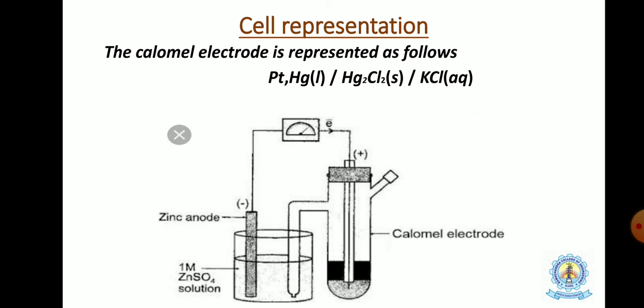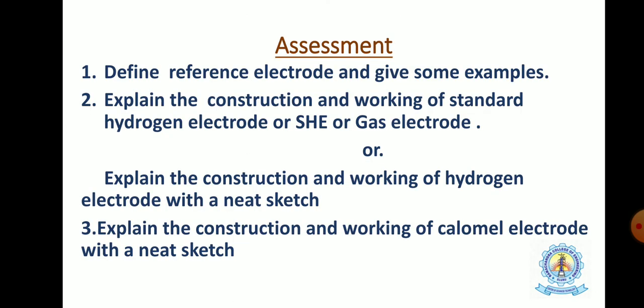Here you can see that side tube. The side tube is connected as a salt bridge, the connection between one half cell and the other half cell. One is the zinc electrode half cell and the other is the calomel electrode half cell. In this way we can calculate the potential of the unknown electrode with the support of the calomel electrode.